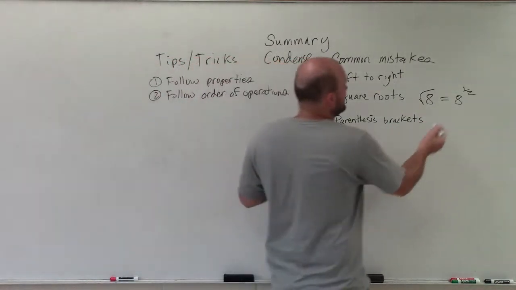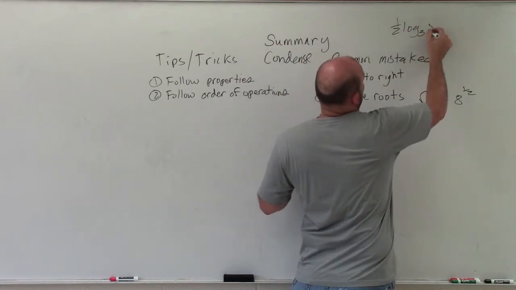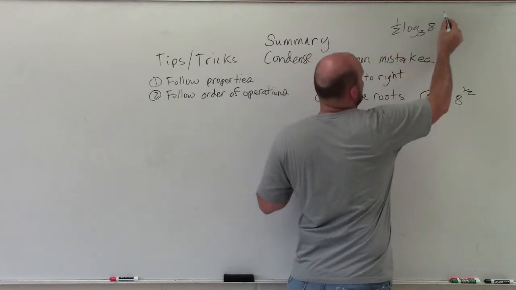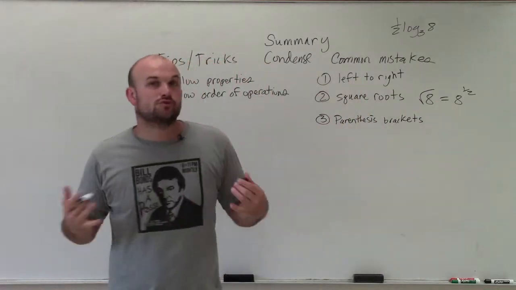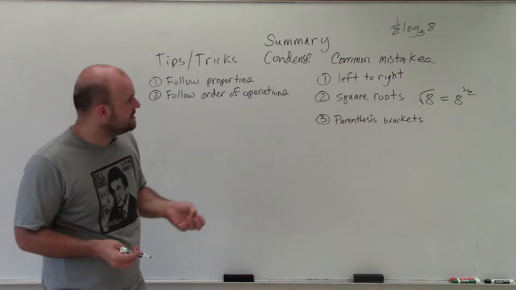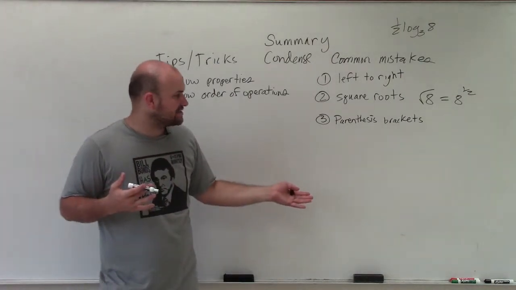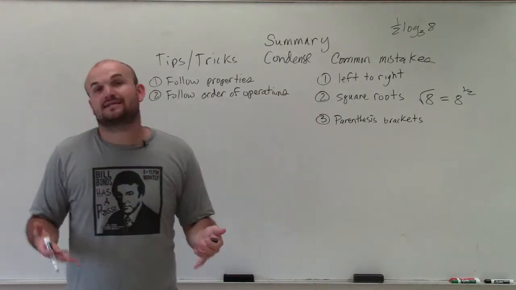So if we see a 1/2 log base 3 of 8, we want to write the 1/2 up there and then rewrite it as a square root. It's very important to understand the relationship of square roots and rational exponents.